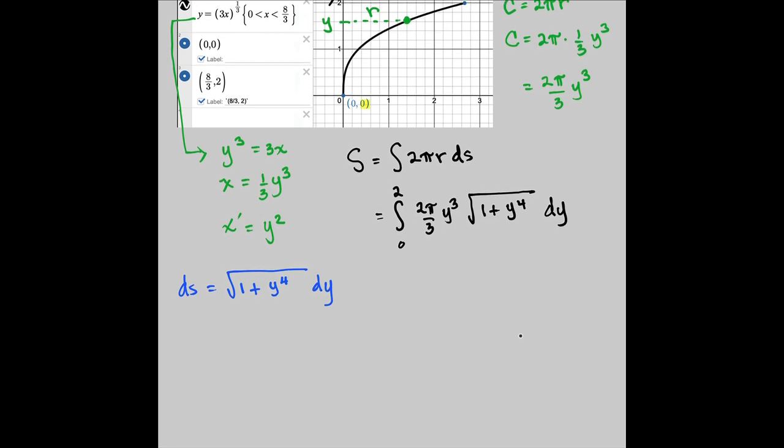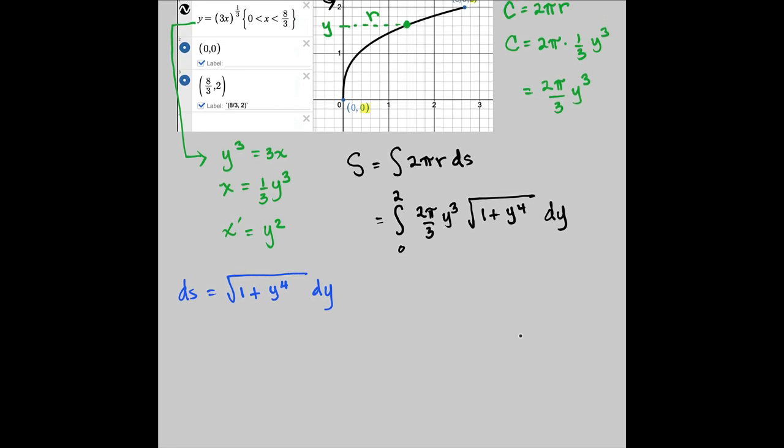Now the technique of integration here will be substitution. We are going to substitute u as 1 plus y to the 4th. Most of the time with substitution, we're going to let u be what's inside a square root, what's in the exponent position, what's in the angle position.